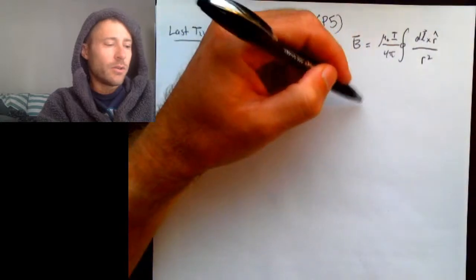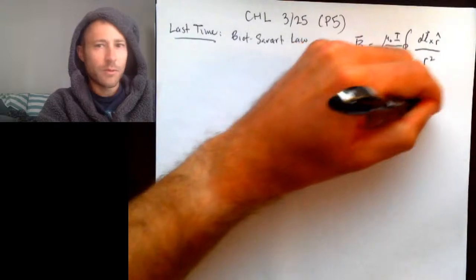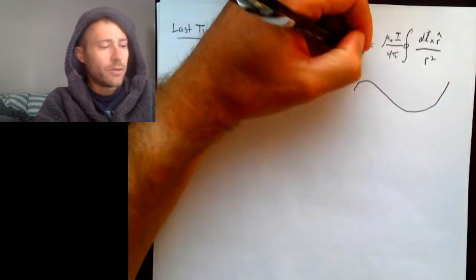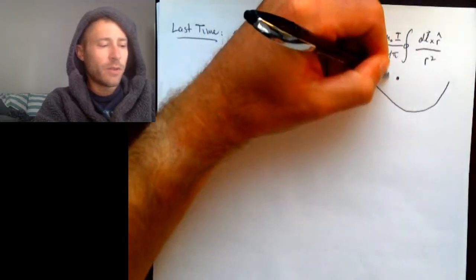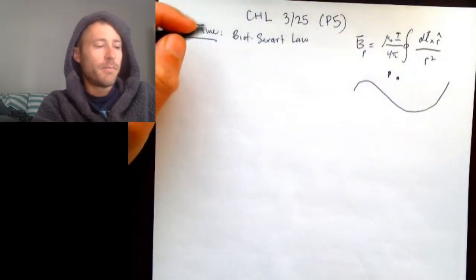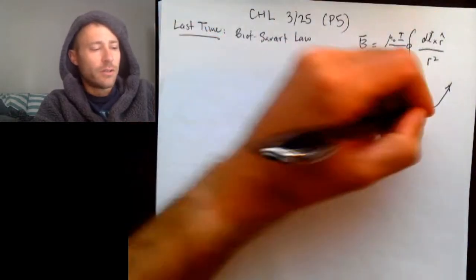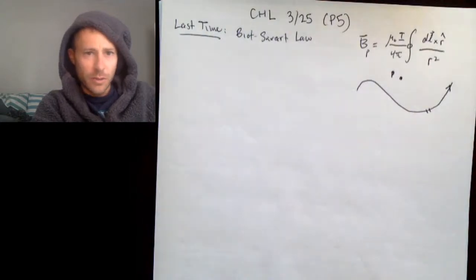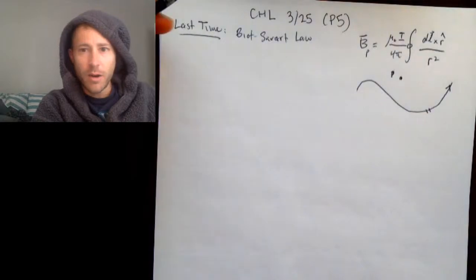And so I want to remind you, if this were a wire, for example, and let's say we wanted to calculate the magnetic field right here, okay, the wire is carrying current in a certain direction. So let's say we wanted to figure out what is the contribution to the magnetic field from that little piece of the wire.